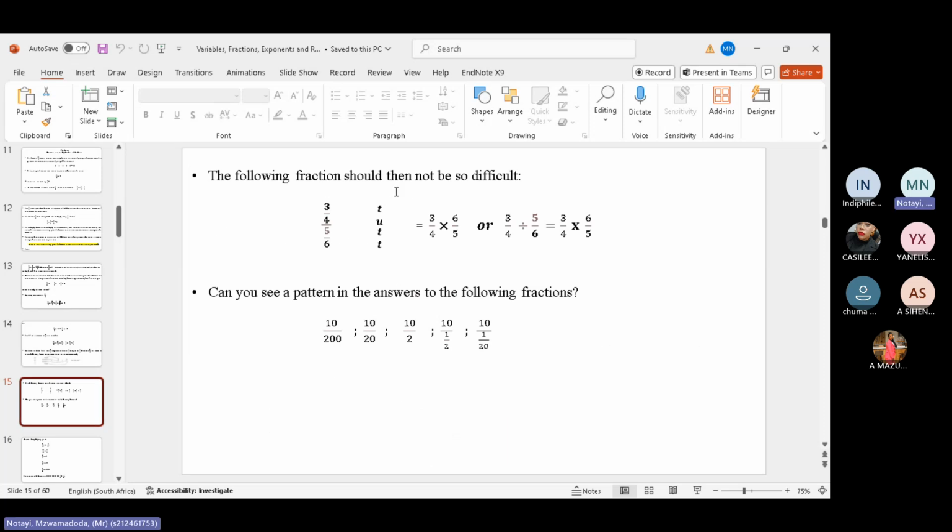The following fraction should then not be so difficult. Let's take a closer look at it. 3 divided by 4 divided by 5 over 6.